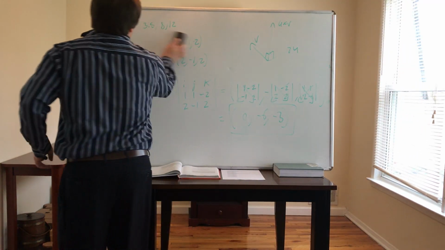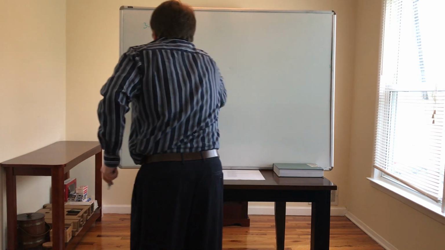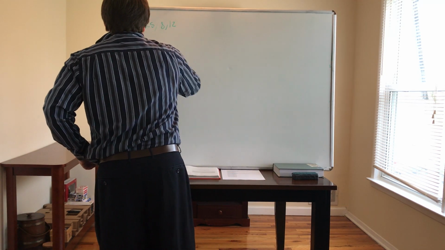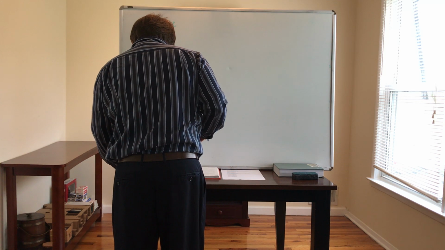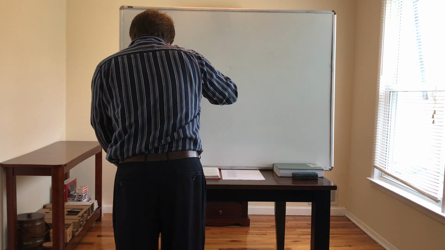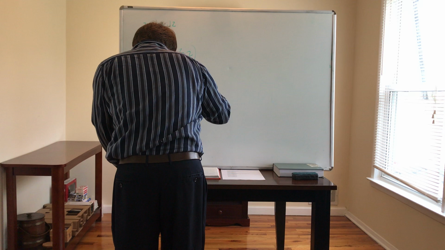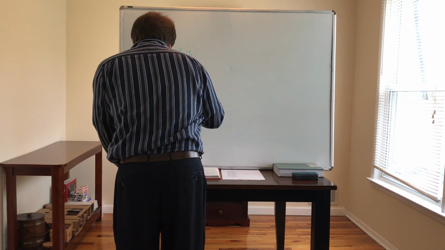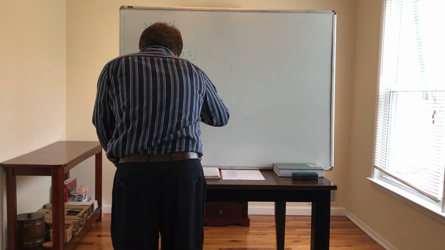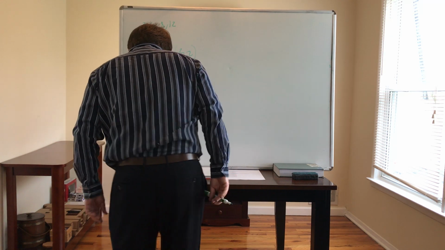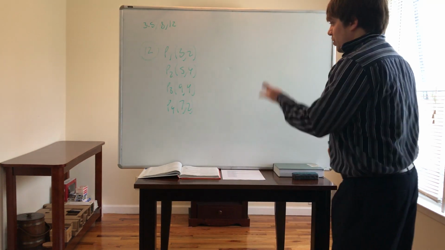Okay, and then number 12. In this exercise, number 12 from 3.5, we're going to find the area of the parallelogram with those vertices.